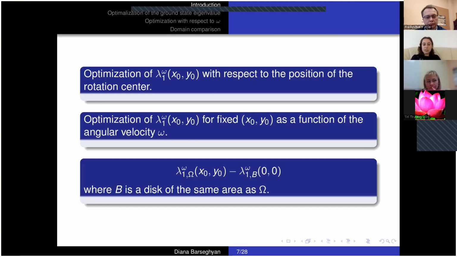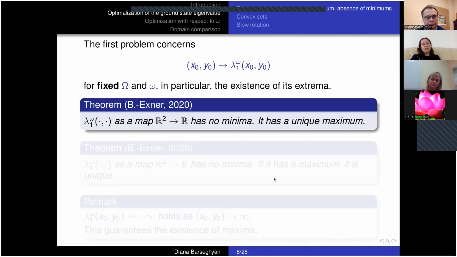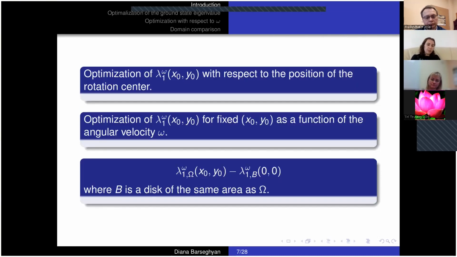Then we look at the difference between the eigenvalue of our operator on the general domain Ω and the eigenvalue of the operator on the disk with the same area, and estimate this expression in terms of the geometry of Ω.